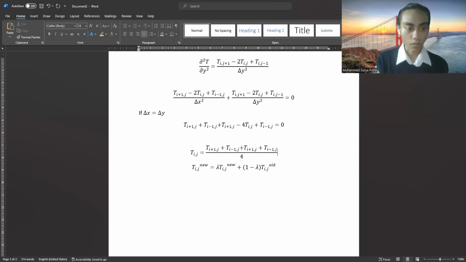I'm going to use the mesh script one. One, two, and n plus one.